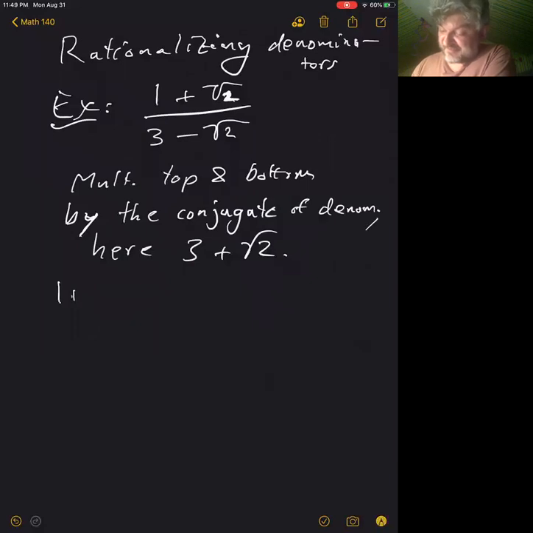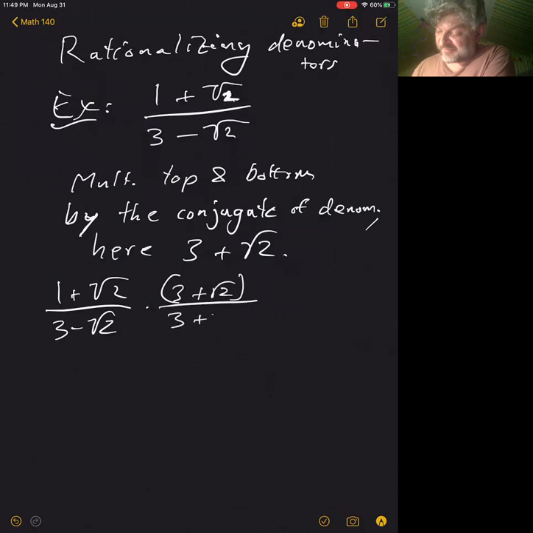What happens? A miracle happens. 1 plus square root 2 divided by 3 minus square root 2 times 3 plus square root 2 divided by 3 plus square root 2. Top and bottom get multiplied by the same quantity, so it stays the same value.